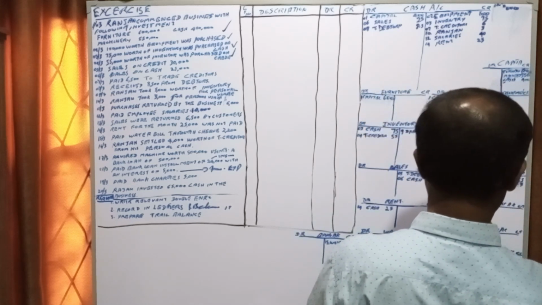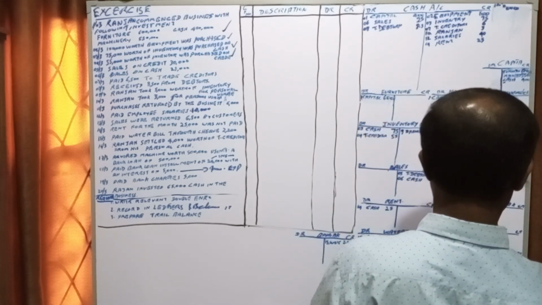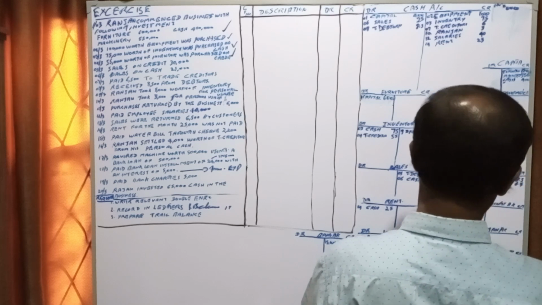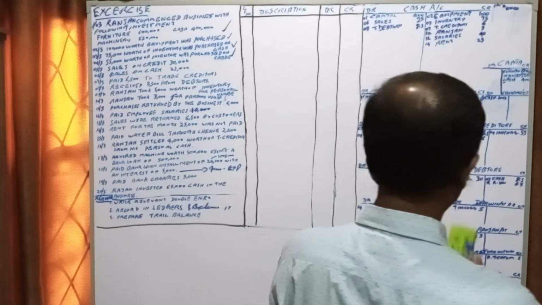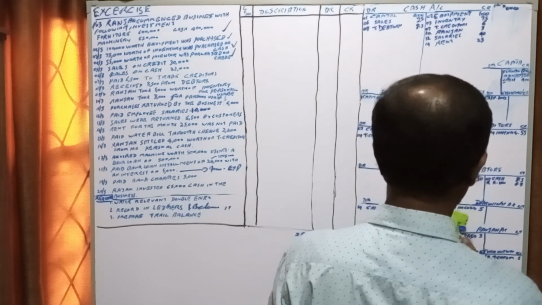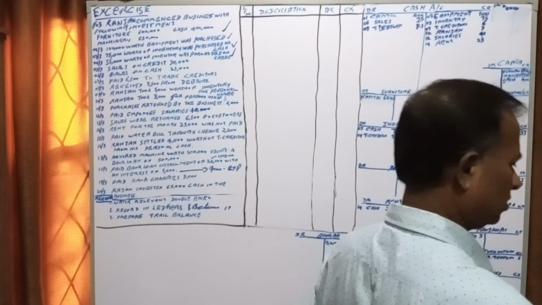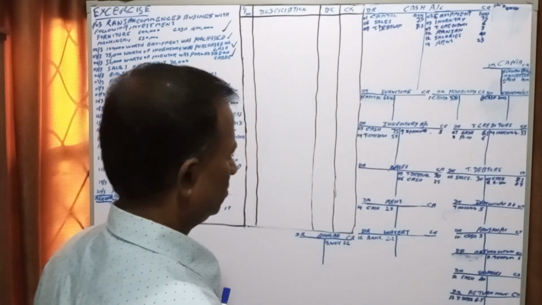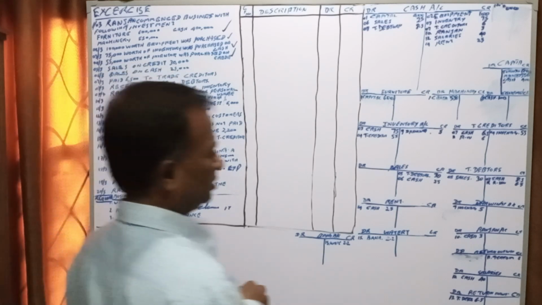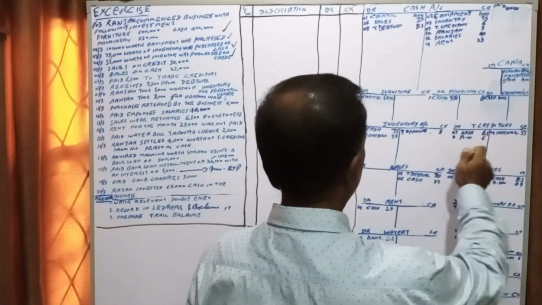Adjustment number 10, drawings. Both are the same. You can charge his personal account and deduct it from the equity. That is not a must, but it is the proper way to charge it at the drawings account.